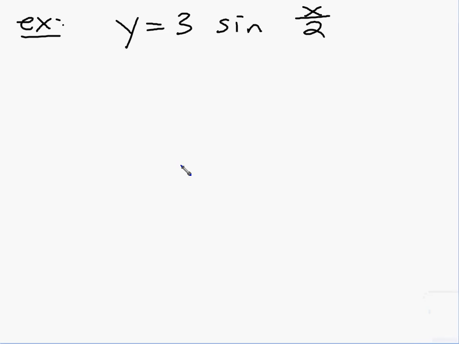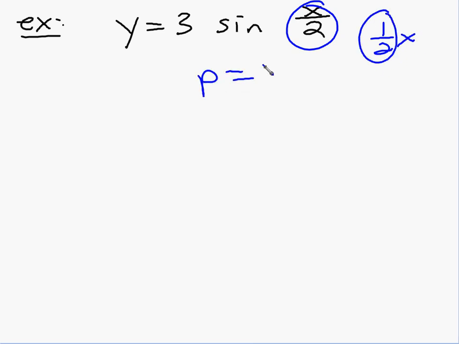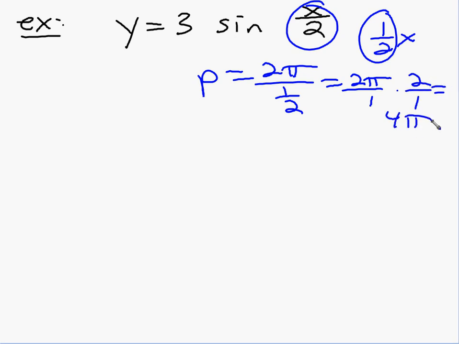On this one, your period, this x over 2, remember, is like 1/2 x. So this is my b. Period equals 2 pi divided by 1/2. So that's 2 pi over 1 times 2 over 1, which is 4 pi.